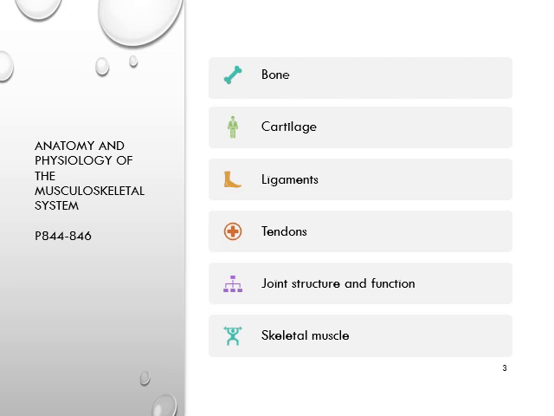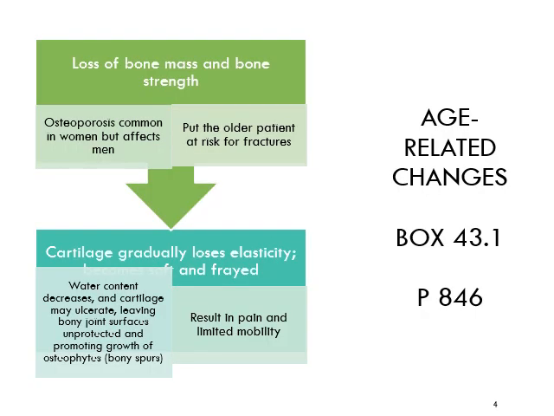Let's go down to age-related changes in the musculoskeletal system. So I'm just going to change the slide here. And we are on page 846, and we're looking at age-related changes. And let's look in the box. So the box 43.1 has age-related changes, like loss of bone mass and density.